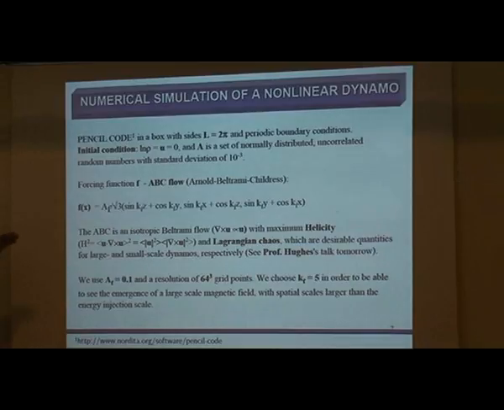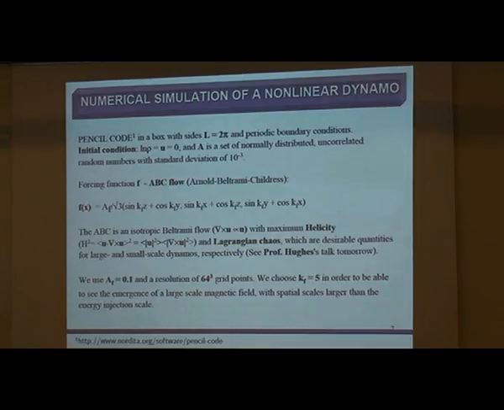Helicity is important because of the alpha effect, so you can potentially show mean-field dynamos, and the chaotic behavior is able to excite a small-scale dynamo because of the stretching, twisting, and folding of magnetic field lines. So it is important to have chaos and small-scale chaotic fluctuations, and also a large-scale dynamo because of helicity. That's the reason I chose the ABC flow, and also because it was very simple and well known.